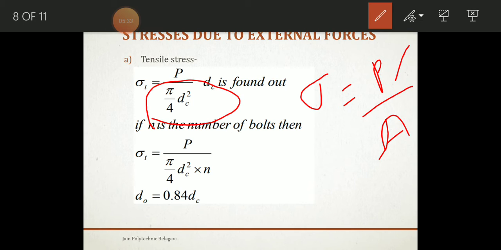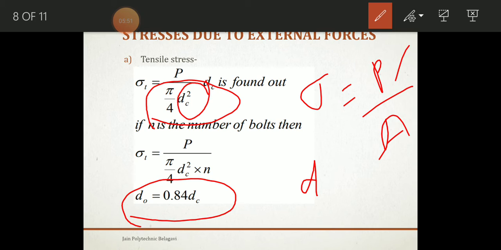Remember that when you calculate the area, you compulsorily have to take the core diameter only, neither the nominal diameter nor the major diameter. There is a relation between do, the outer diameter, and the core diameter: dc equal to 0.84 times do, where dc is the core diameter.